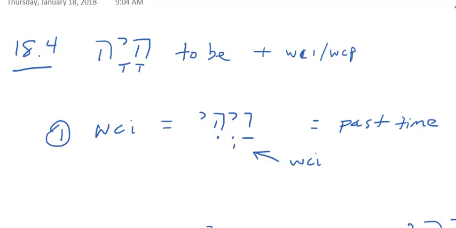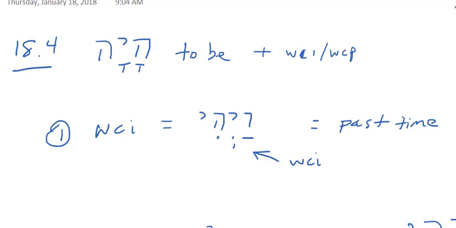Now, here in the lesson, what we're going to find out is that the forms of Haya can occur in the WCI form and in the WCP form, and they'll be used for setting up future tense actions or past tense actions in terms of a time frame.